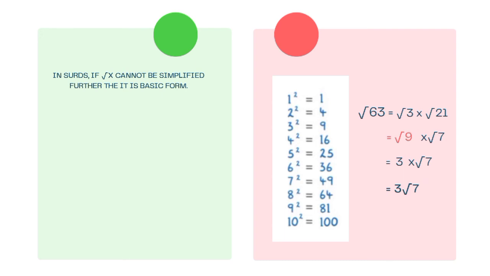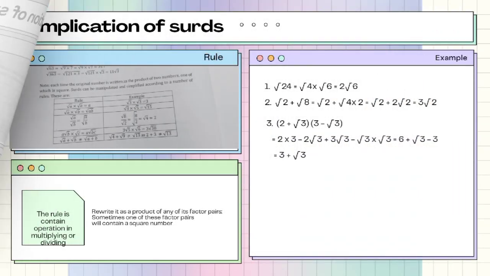But we select option number 2, that is square root 9 times square root 7, because we must simplify the surds by taking out these square numbers. From this operation, we have 3 times square root 7. So, the final answer is 3 square root 7.